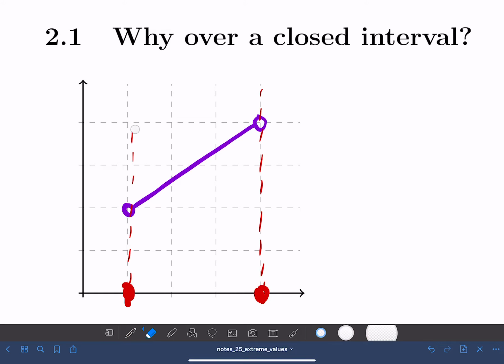So that's our function f. This down here at the bottom is my interval I. Let's call it endpoint A, and let's call that endpoint B.